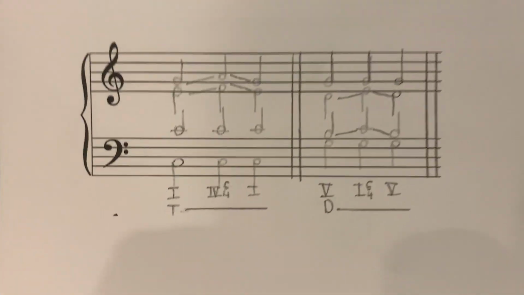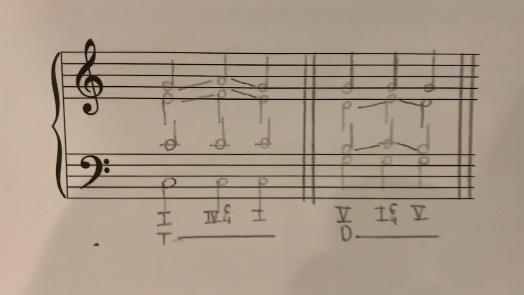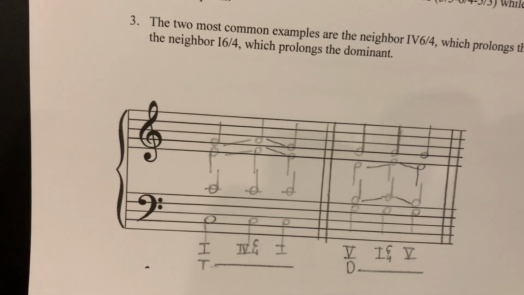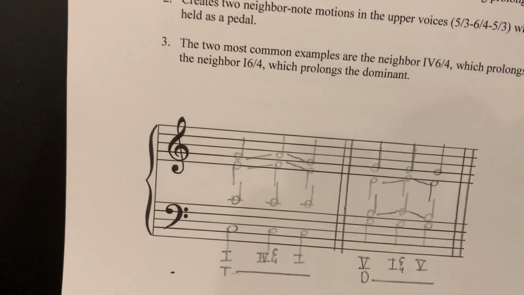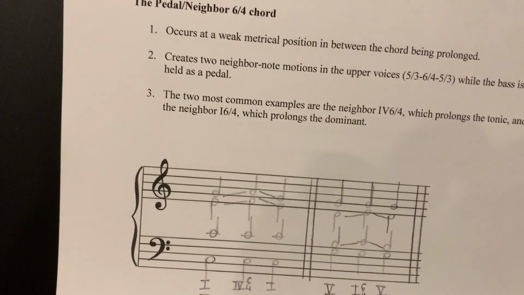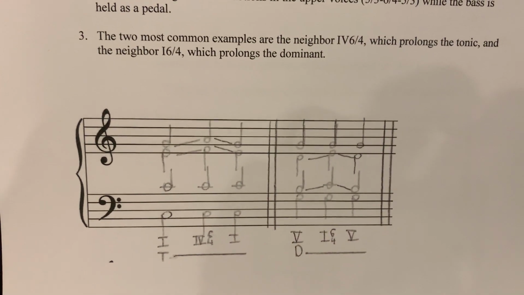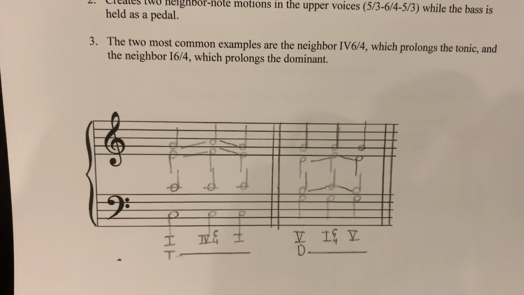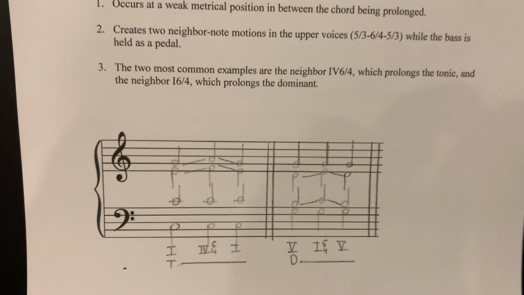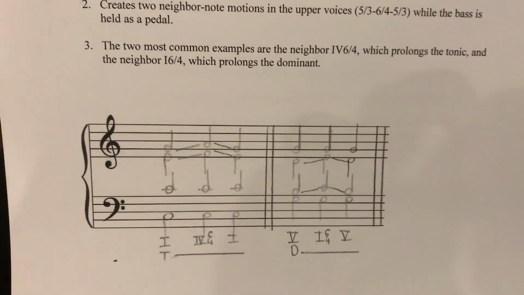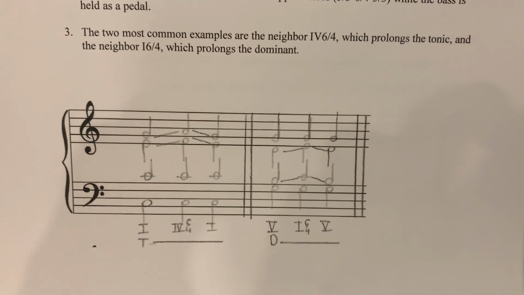All right, so let's take a look at this first one, for example. You'll notice that this one is prolonging the 1 chord. So we have these 2 neighbor note motions, E, G, F, A, E, G, and then otherwise we're holding this pedal. So you can see why it's useful to have 2 different terms for this one.